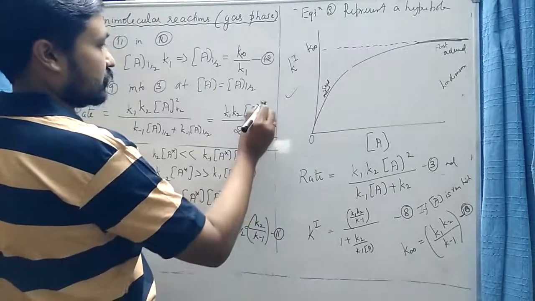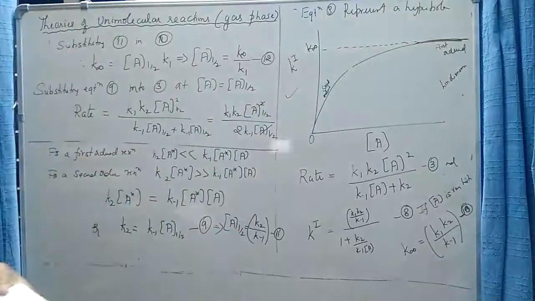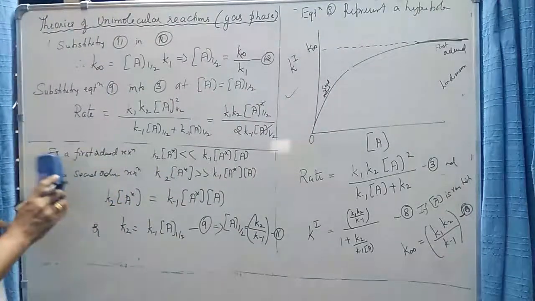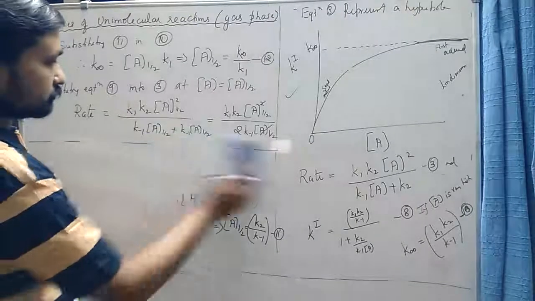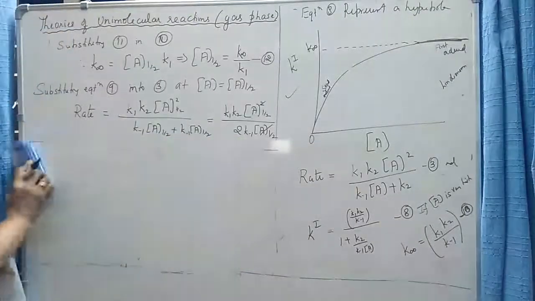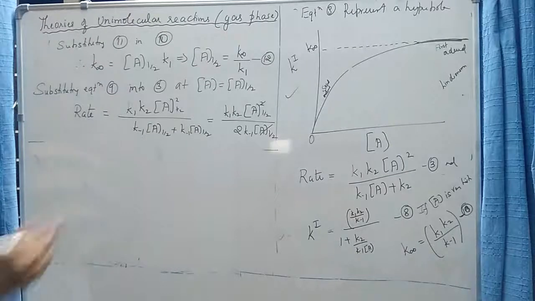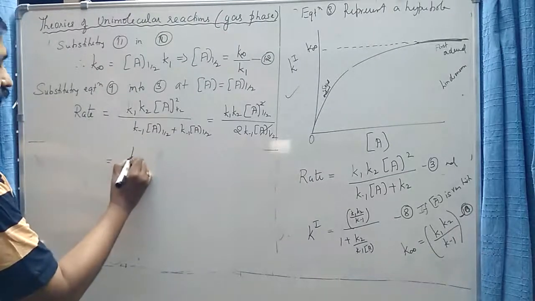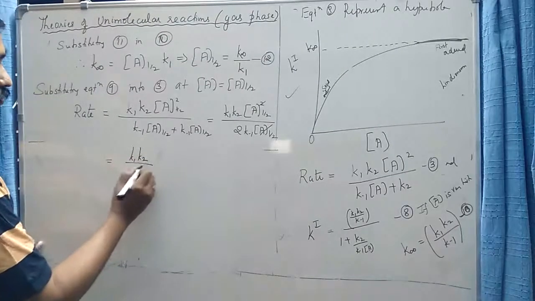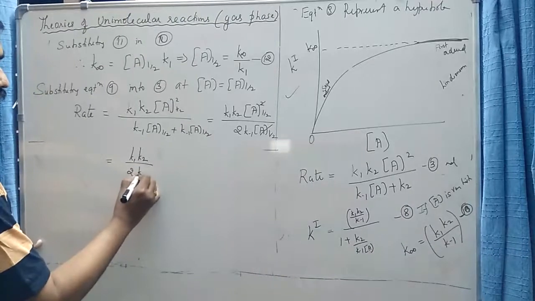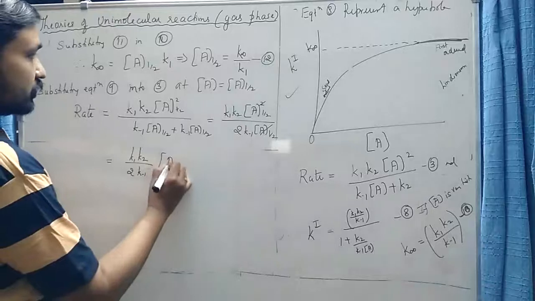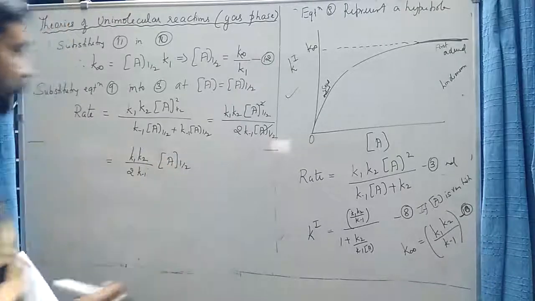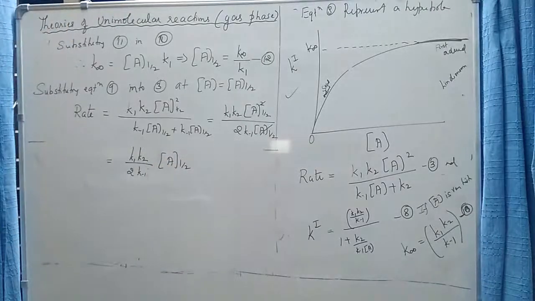If you cancel A half, what you get is rate equal to K1 into K2 divided by 2 into K minus 1, into concentration of A half.